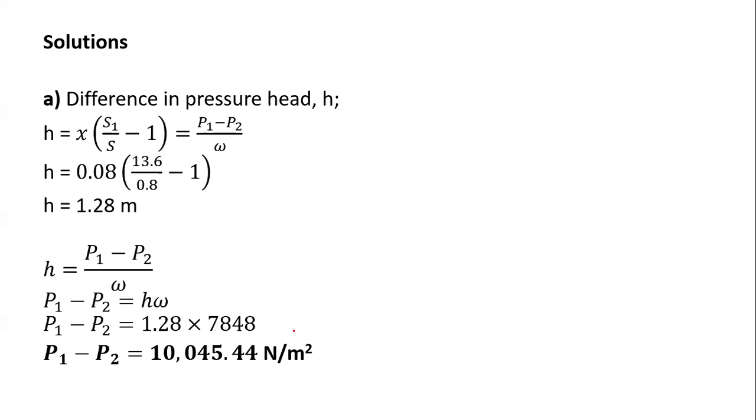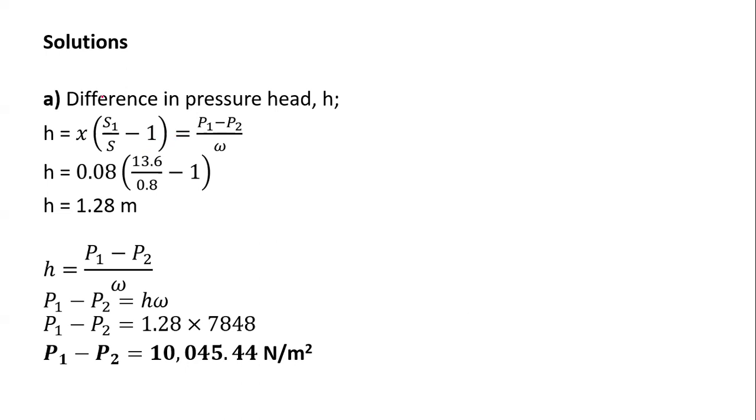Now, with this in mind, we can get to this part. The difference in pressure head, H, is given by X outside, then the specific gravity of the liquid in the manometer divided by the specific gravity of the liquid flowing in the pipe, minus 1.